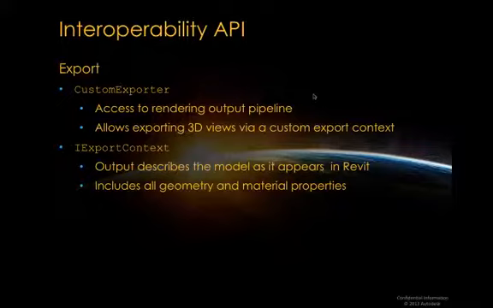That means that if you have an add-in which is interested in the graphical representation of the model, such as surfaces with their associated colors and materials and textures, you can subscribe to this rendering pipeline and access that data directly without having to iterate over the entire database, access each individual element, query it for its geometry, find out whether the geometry is in the correct location and what materials should be applied to it, and so on and so forth. So this can be a huge simplification for all rendering requirements.